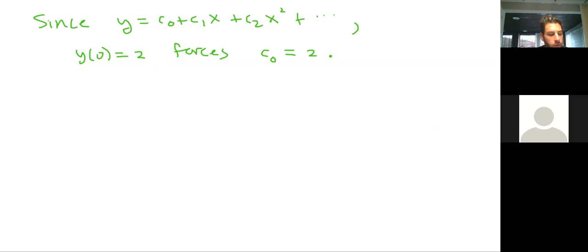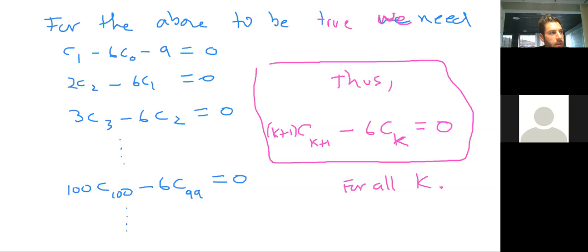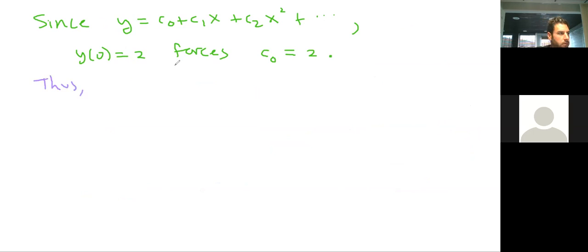So we can now use this knowledge to determine all the c's. So what was our first line on the previous page? Our first line is c1 minus 6c0 minus 9. So if that's equal to 0, what can we determine? Well, if we plug c sub 0 equals 2 in there, we get negative 12 minus 9.